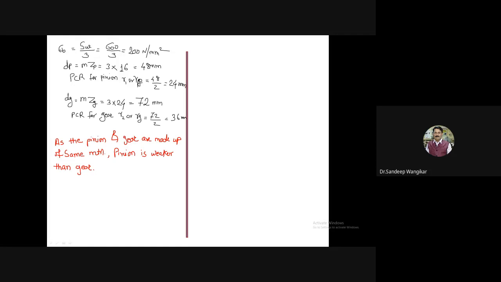Let us start. We will calculate step number 1. Our first step is beam strength calculation. What is the formula for this beam strength?